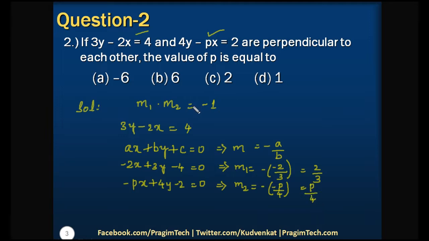According to this condition, if we multiply these two, we should get -1. So 2 by 3 into p by 4 equals -1. Let us cancel out with 2, which implies p by 6 equals -1, which implies p equals -6. So the answer is A.